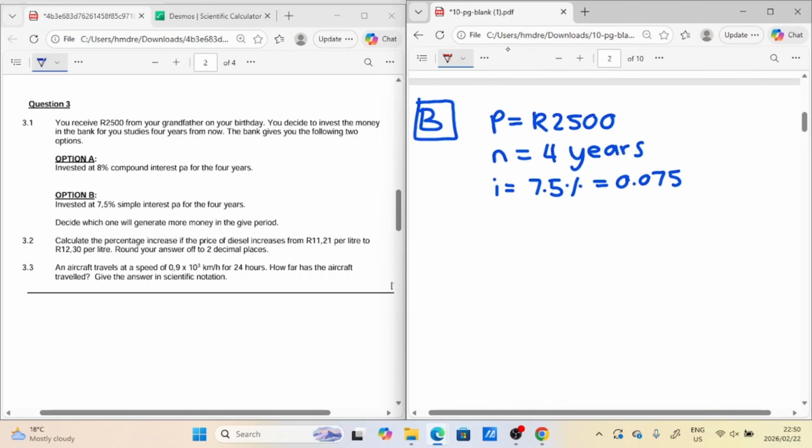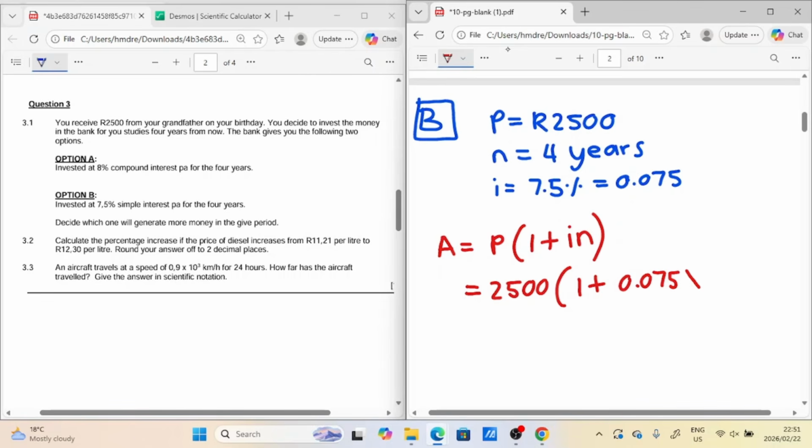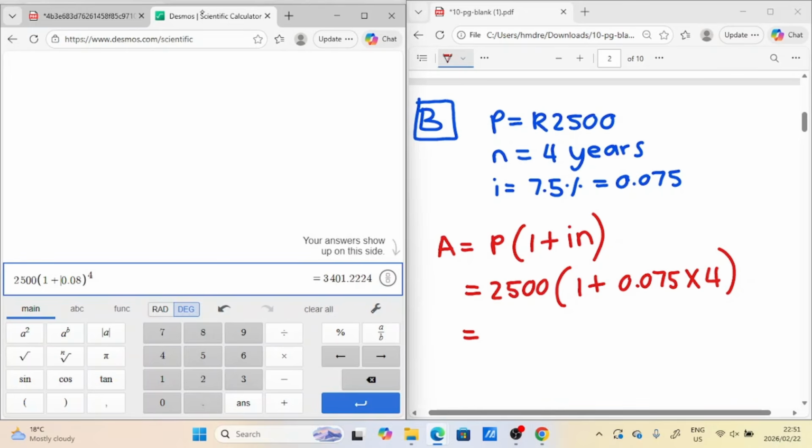Our simple interest formula is the principal amount, 1 add, because we're working out interest, times the number of years. Okay, if we put in the values: 2,500, 1 plus 0.075 times 4 years. Let's put it into the calculator.